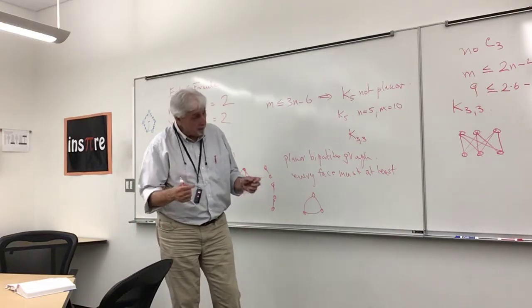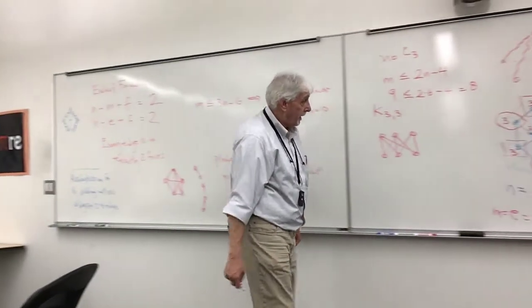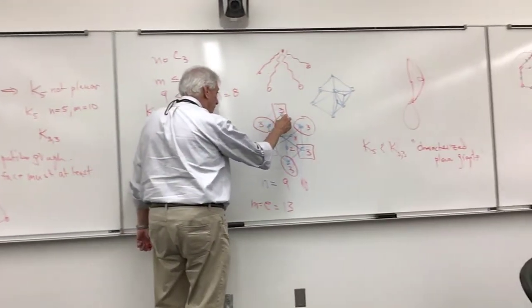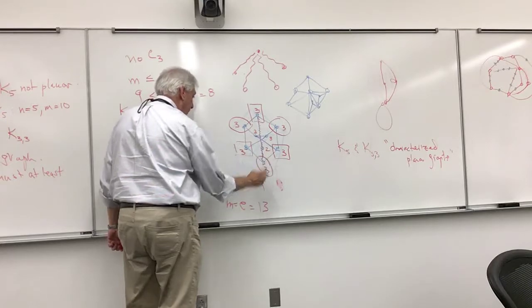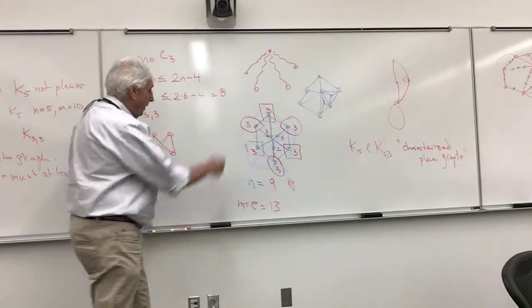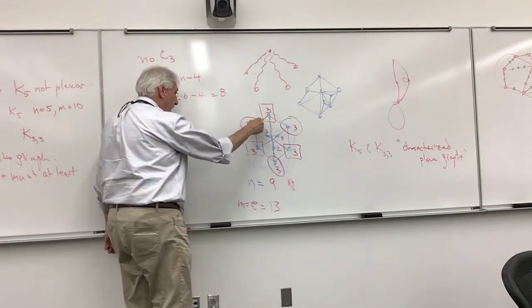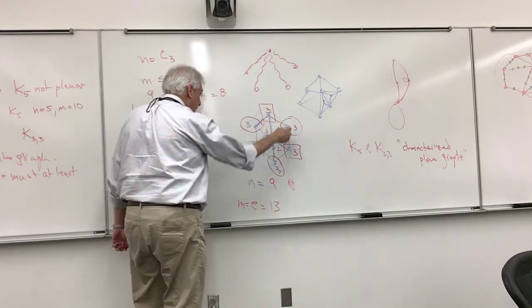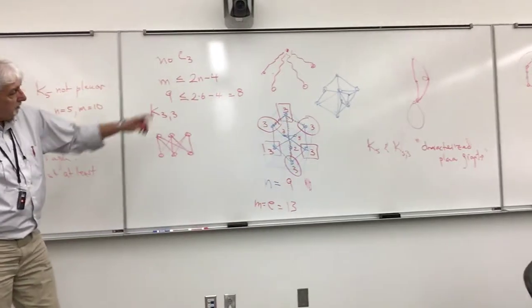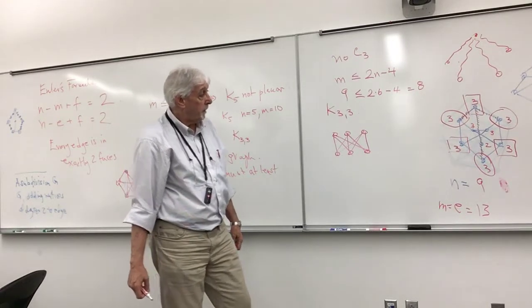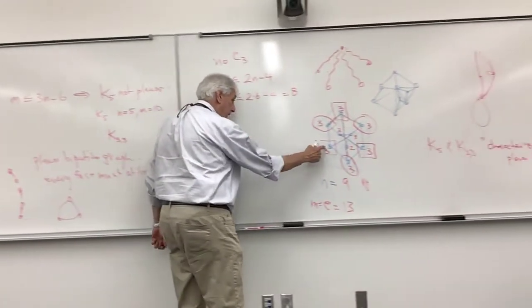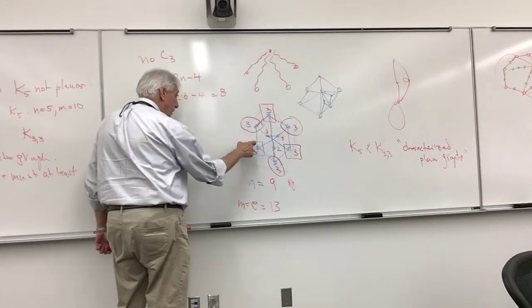So I need disjoint paths. I need a disjoint path from this 3 to that 3. Of course, they're not very interesting paths, but they're paths themselves. Okay, so we've taken care of the top vertex. What about this vertex?